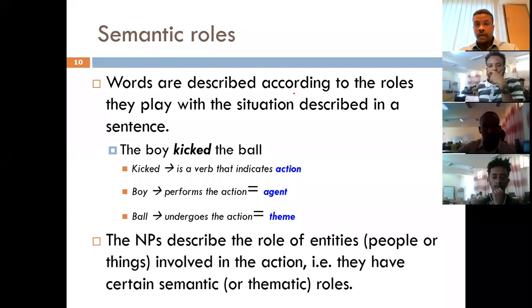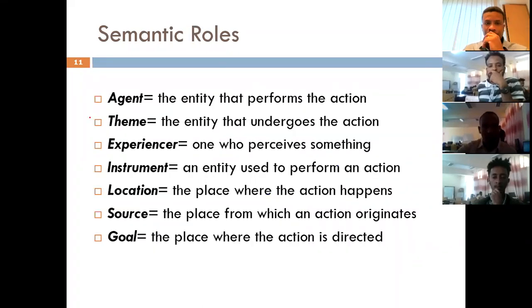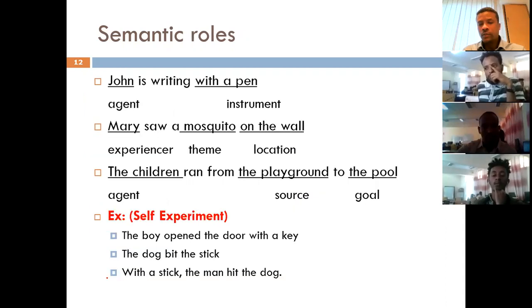Some of the semantic roles that we have seen: a word can be an agent in a sentence, can act as a theme, experiencer, instrument, location, source, and info. We had some examples in here, and this was the exercise that was given to you.